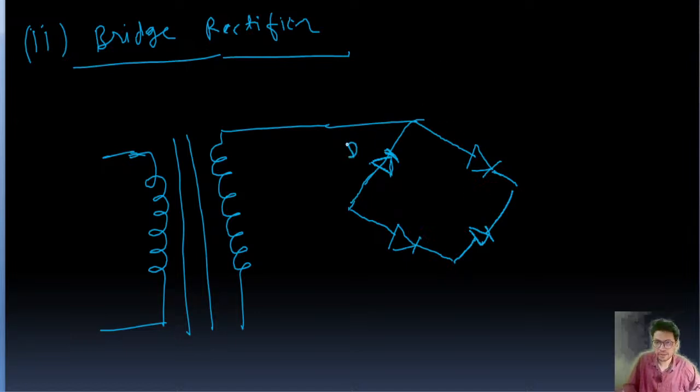This is D1, this is D2, this is D3, and this is D4. And then there is RL.